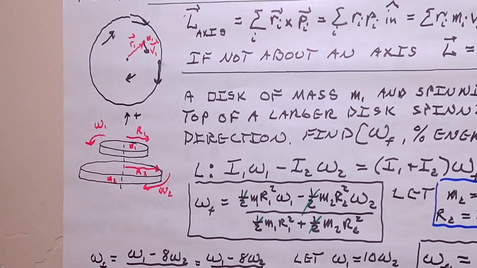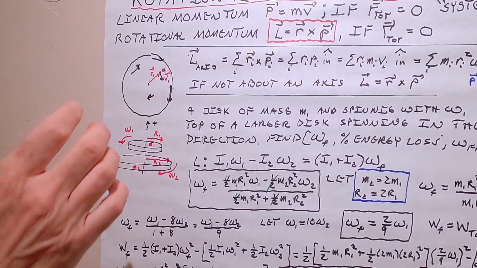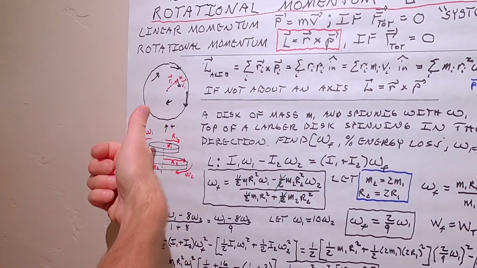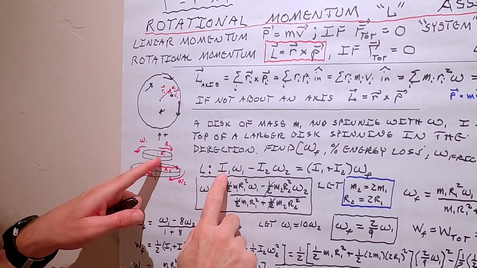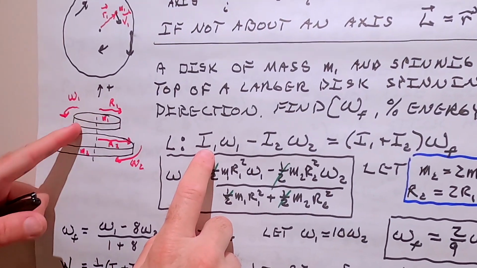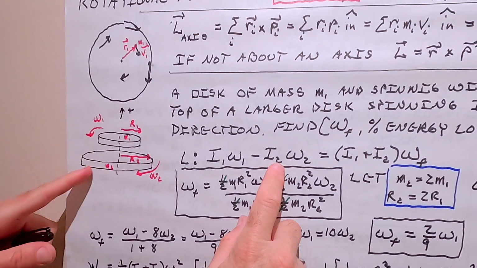So if we look at our angular momentum equation, I'm going to call everything going around this way positive. And we get the angular momentum of this one. Since this is going the other direction, we subtract off this one.